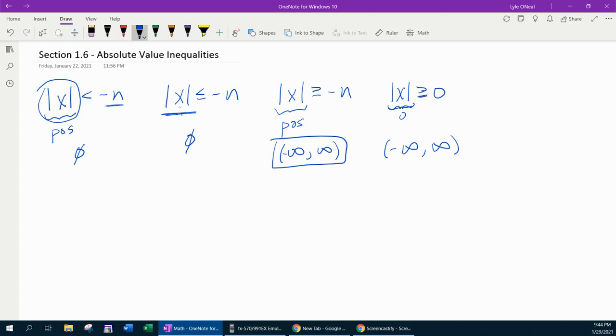And zero is equal to zero, so that would be true. And then any other number that you plug in is going to end up being positive, which again, positive numbers are always greater than zero. So this particular setup would also be all real numbers. No work to do, it's just all real numbers.